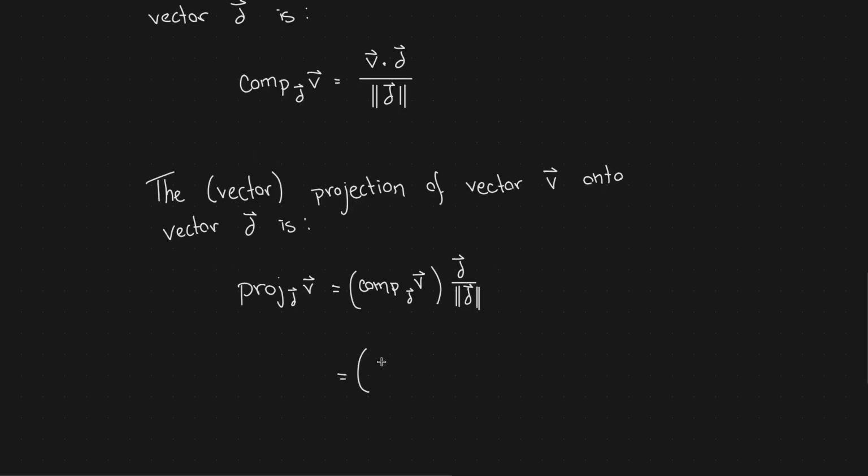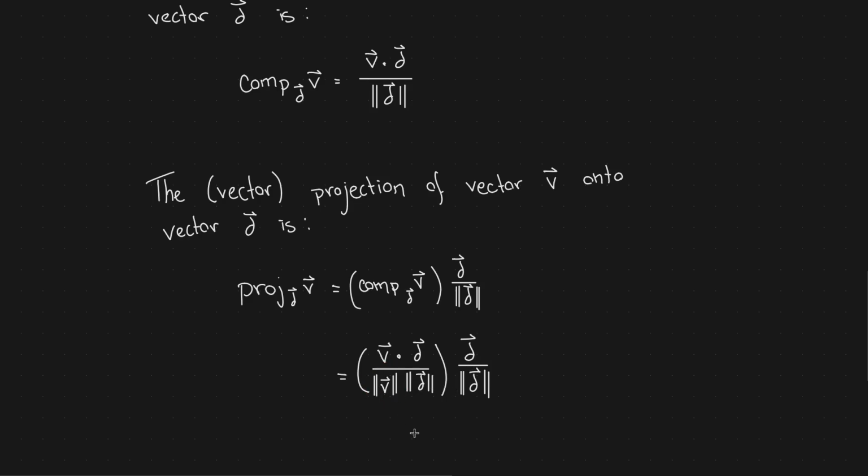But we can also write that, plugging in what the component is, v dot d over the norm of d times d over norm of d. I'm sorry, that's not quite right.